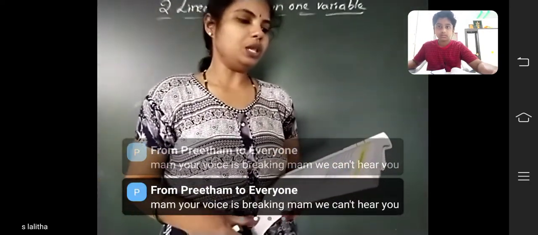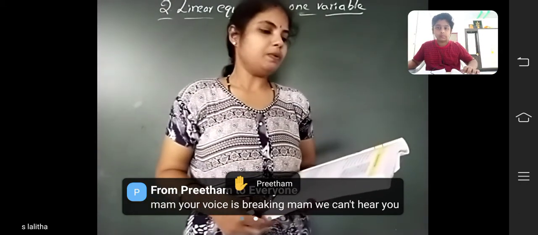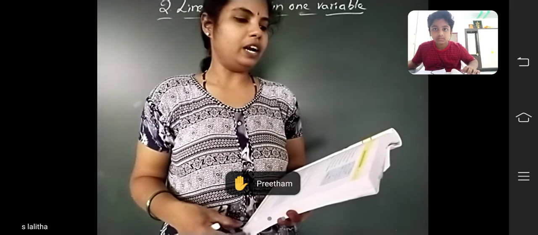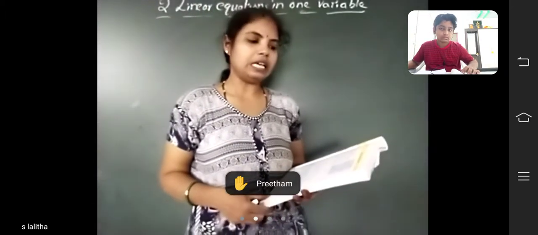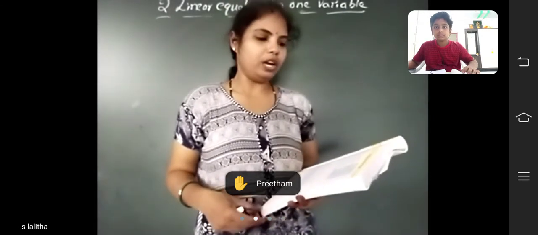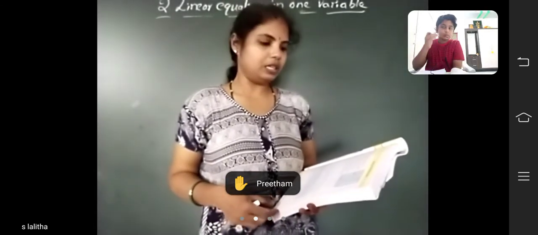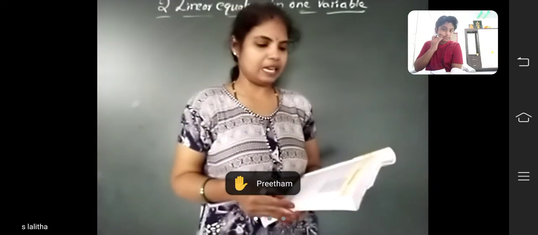The expression on the left of the equality sign is called the left hand side, and the expression on the right of the equality sign is called the right hand side. In an equation, the values of LHS and RHS are equal. This happens to be true only for certain values of the variable. This value is called the solution of the equation. We already learned this in the previous classes.